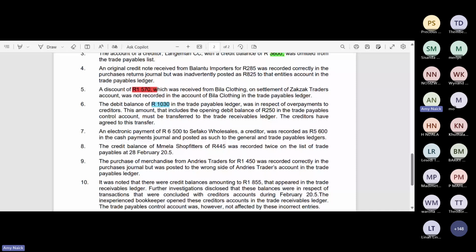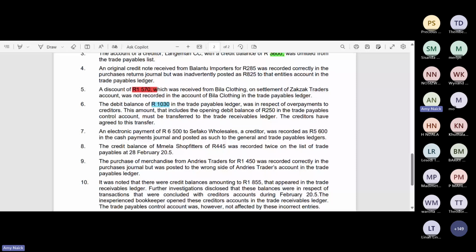So we need to effectively post the correction. What happened was the transaction was only for 285, but they posted 825 rands. So there was a difference of 540. It's the 825 less the 285 rands, which gives us the difference of 540.